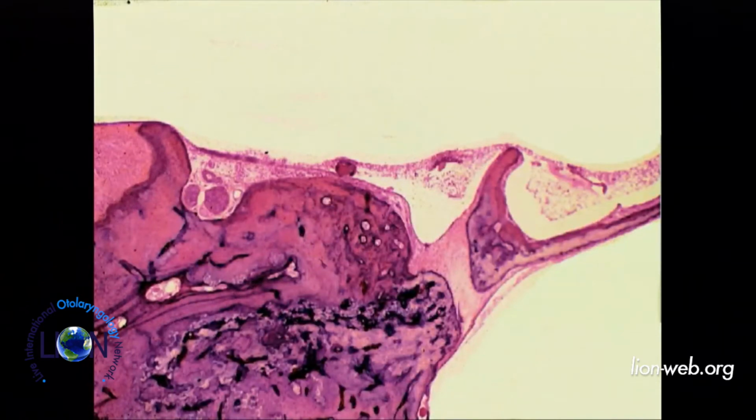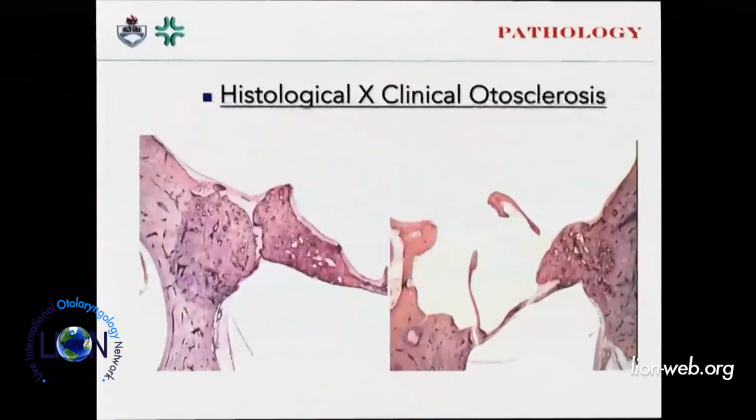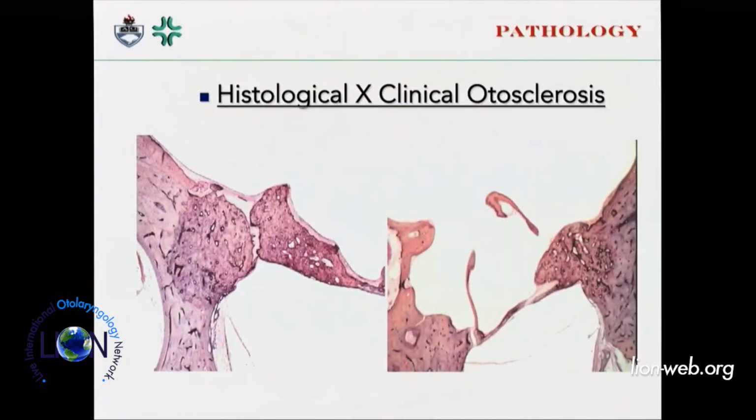You have a focus of otosclerosis right here, but the ligament is free. So probably this footplate is still mobile. Here we have a focus and the footplate involved, but almost they are not touching each other. Maybe this patient has pretty good hearing. Differently from this one, where we have a focus involving the anterior margin of the window and the anterior crura. So this is a clinical otosclerosis, histological and clinical otosclerosis. There's a difference.